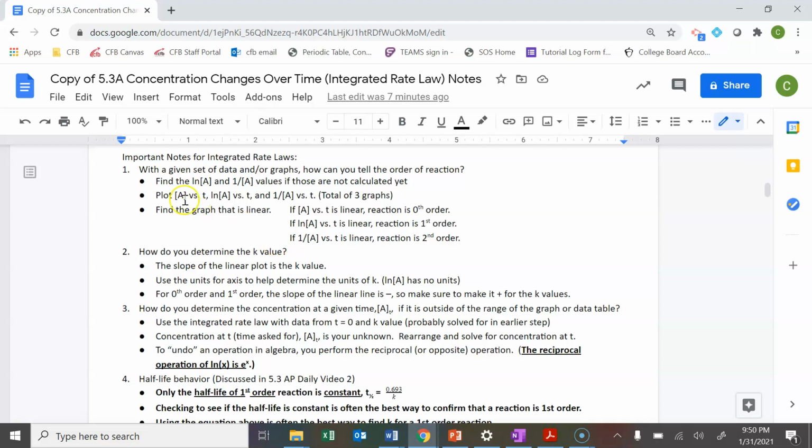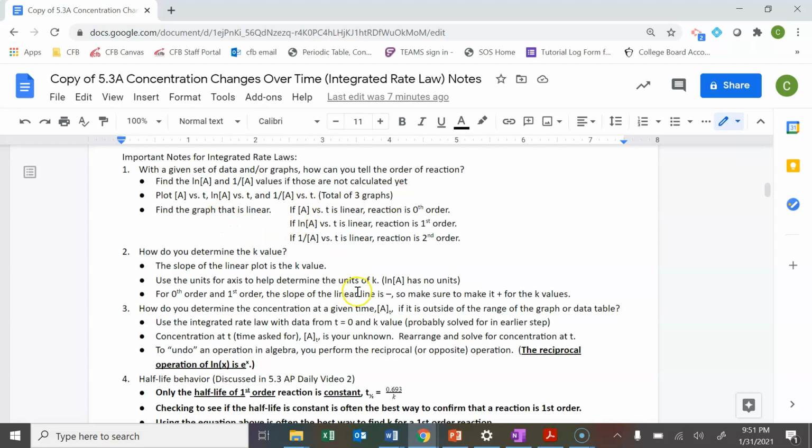First thing we need to note, when you're given a set of data or graphs, how can you tell the order of the reaction? We're going to find the Ln and the 1/A values. If they're not already calculated, plot them if they're not already plotted for you, and you're going to have 3 total graphs.